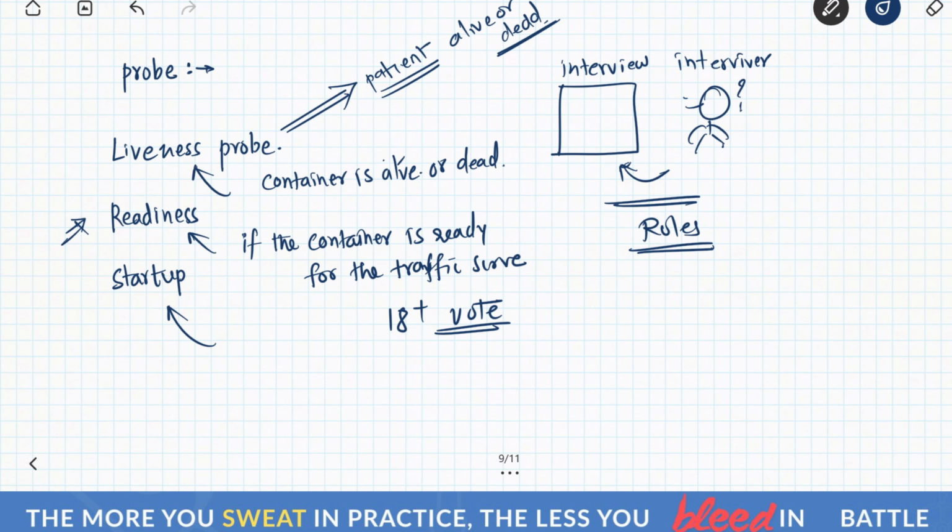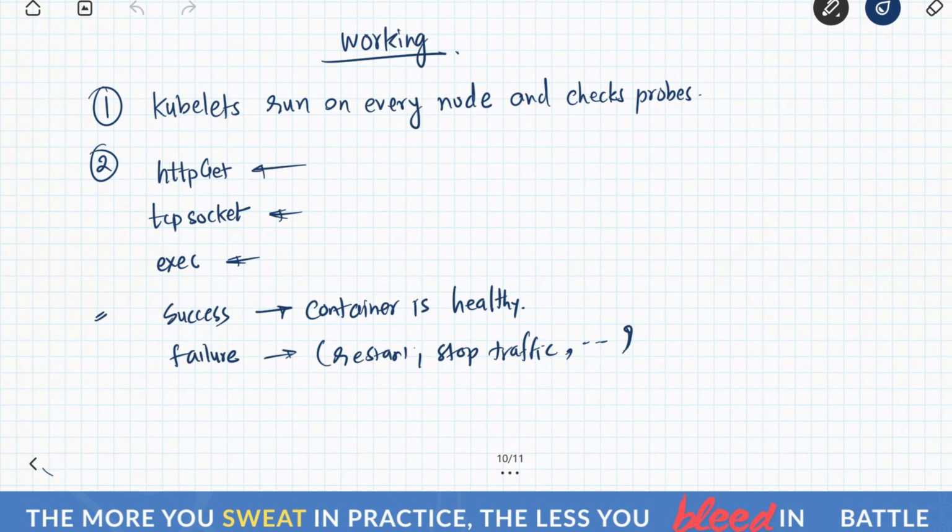And the third one is the startup probe: if some surgery is needed, it requires extra time for normal behavior. So you can consider it the health check system for containers.